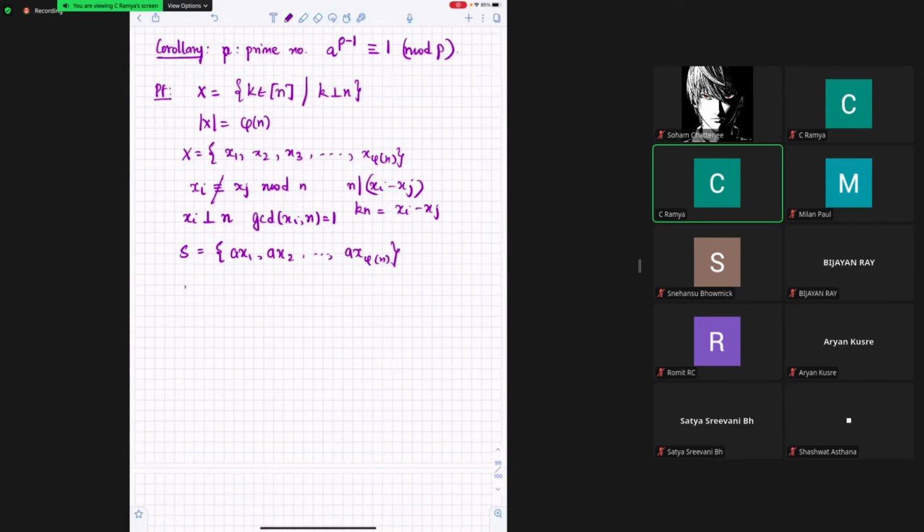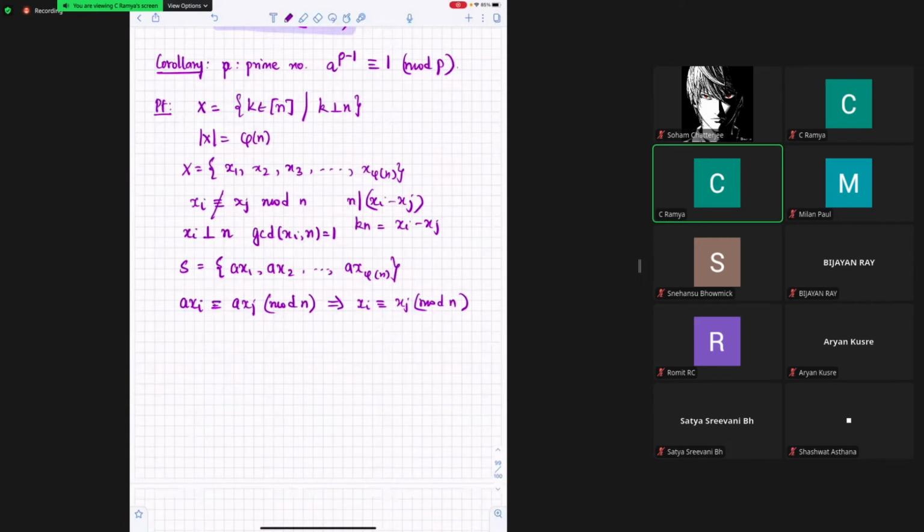So now what can you say about axi and axj? Are these congruent mod n? Suppose this is true, axi is congruent to axj mod n. Can we say that xi is congruent to xj mod n? Can I cancel this? For any a, is this true or what?